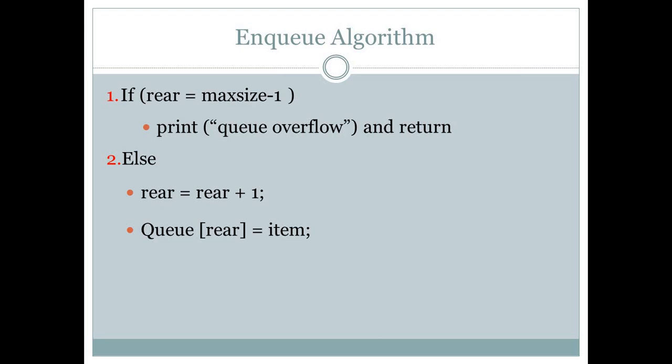Same as stack, where we were doing top plus plus, here rear plus plus. After increasing our rear, we do queue of rear is equal to item, meaning we store our item into queue of rear. So this is the enqueue algorithm.